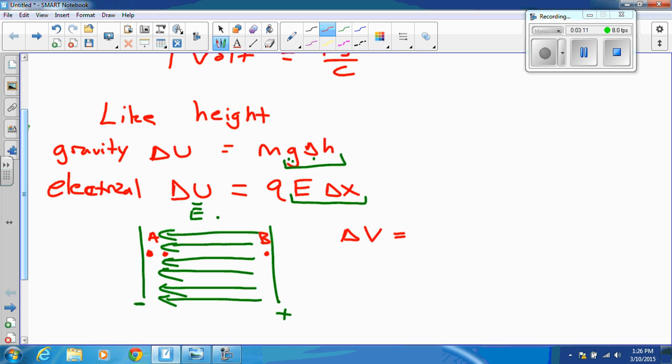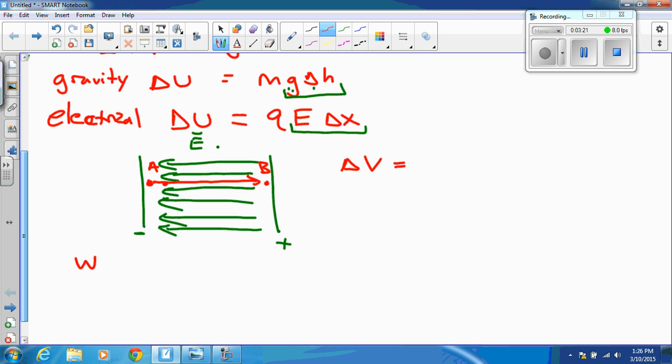Then I can ask how much work is done as we move in this direction on a positive charge.